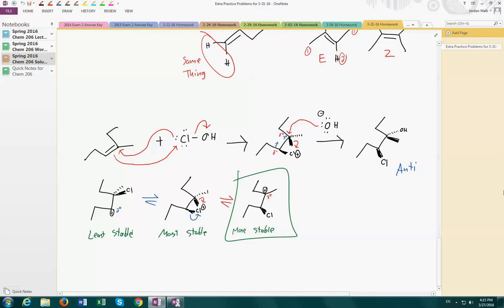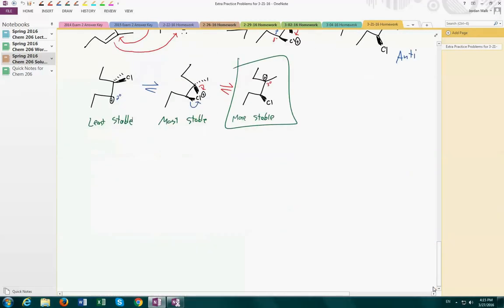The most likely case where you're going to see any shifts on the exam, you might see something like this. You might be given a starting material that looks like that. We hit it with some acid, and what we end up with is this product.